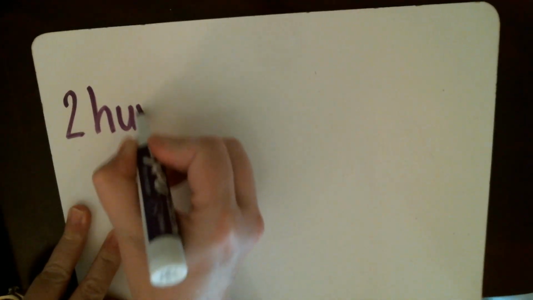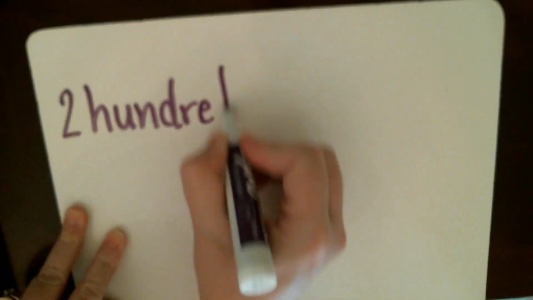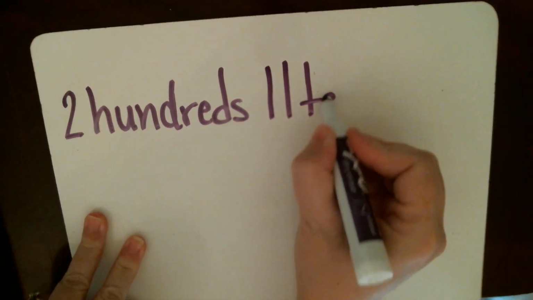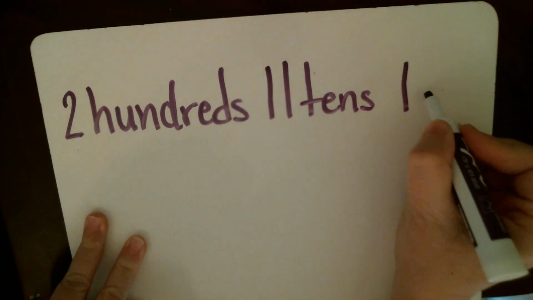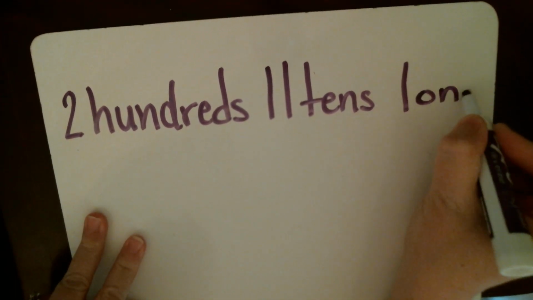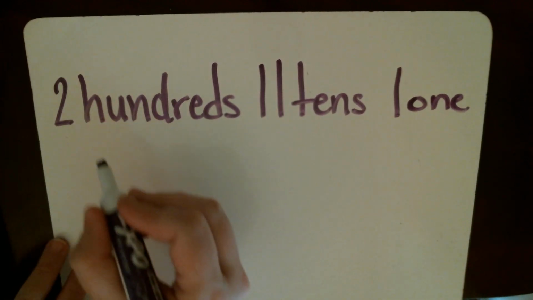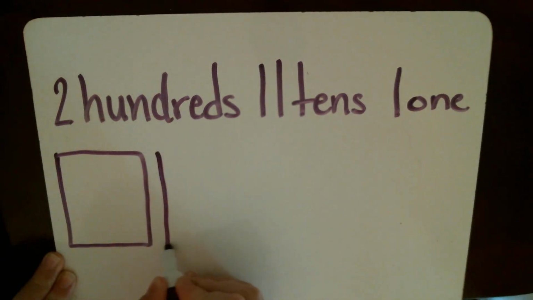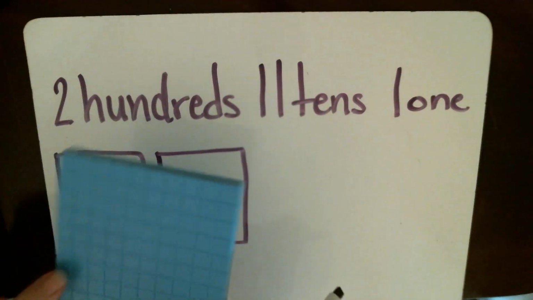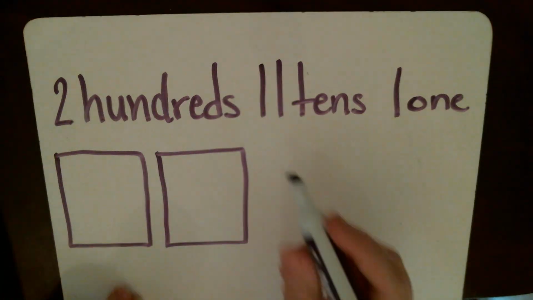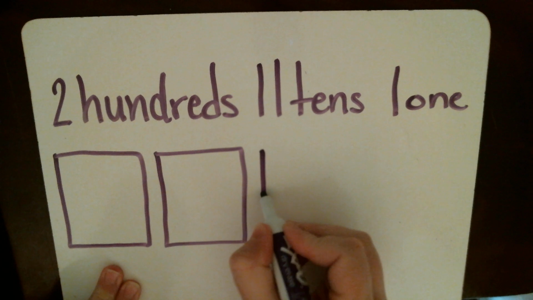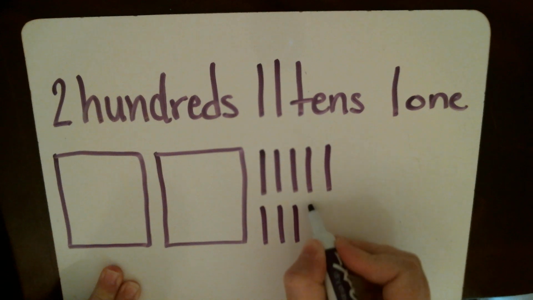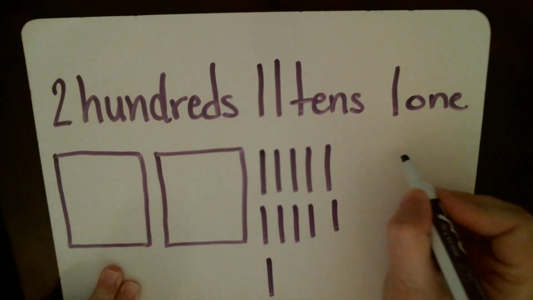So imagine 2 of those hundreds, 11 tens, and 1 one. One of those ones cubes. Okay, so I need to draw that. Remember, I represent my hundreds as those squares, those flats, because this is what 100 looks like. I have 2 of those. 11 tens. 1, 2, 3, 4, 5, 6, 7, 8, 9, 10, 11, and then 1 one.